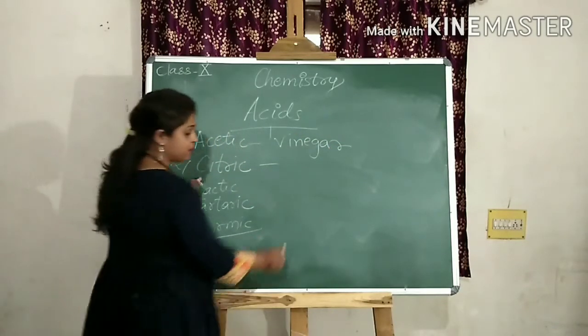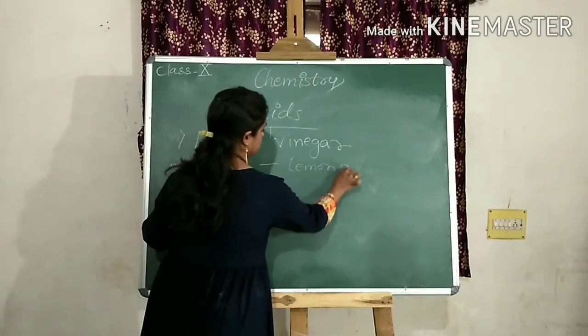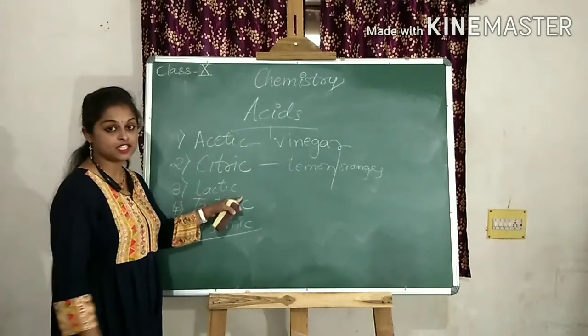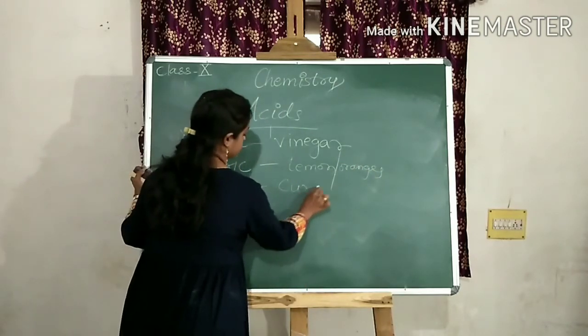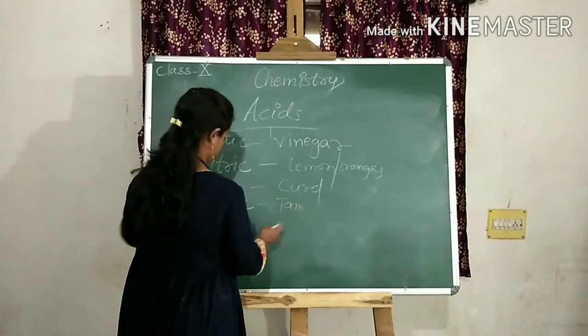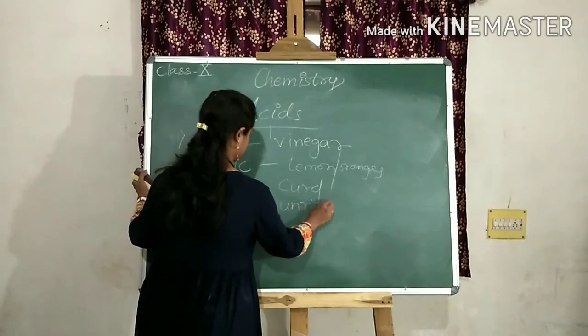Citric acids are present in lemon and oranges and so on. Then lactic acid in curd, tartaric acid in tamarind, sorry, in unripe grapes, and so on.